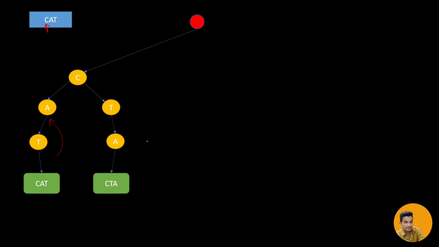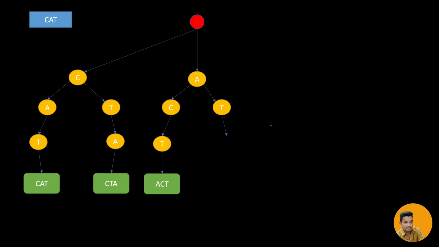Or I can even go back and now start working on this A. So this will give A, I can choose C, then T, then ACT. Or I can choose first T, then C, and I can do ATC.